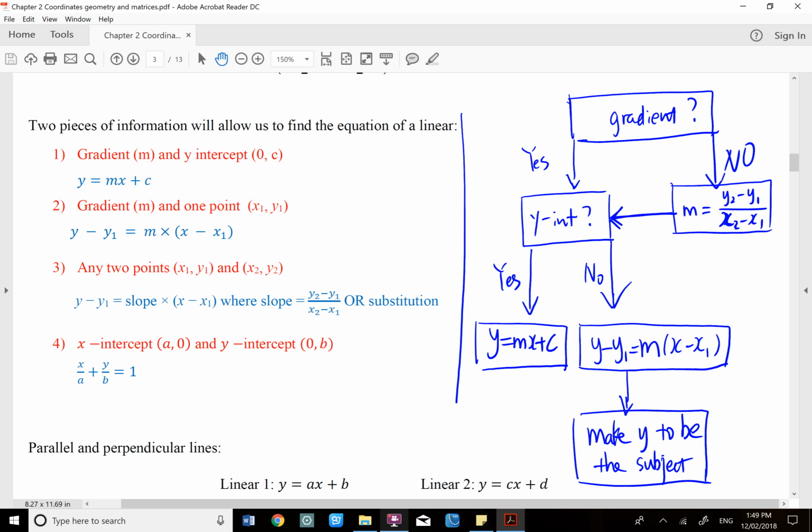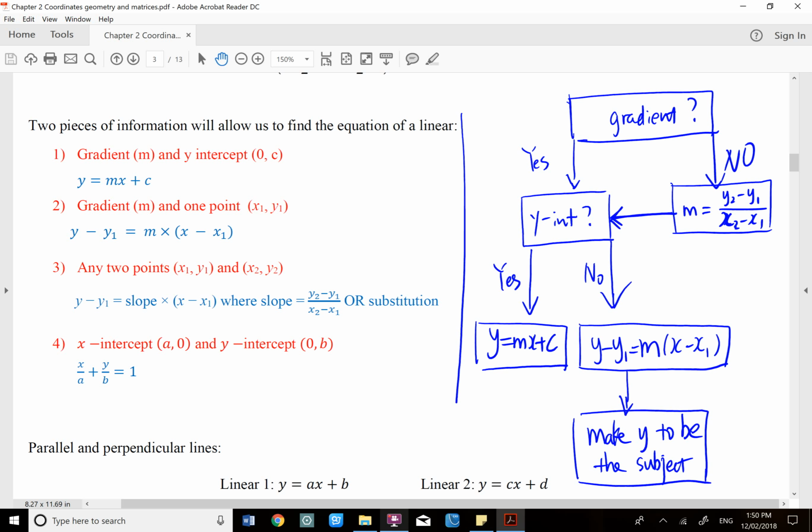Because you have the gradient and the y-intercept, you directly give the equation. If no, you must have another point, x1, y1. We can use y minus y1 equals m(x minus x1). Because we know the gradient, we must know at least one other point on the graph. Then make y the subject and you have the linear equation.